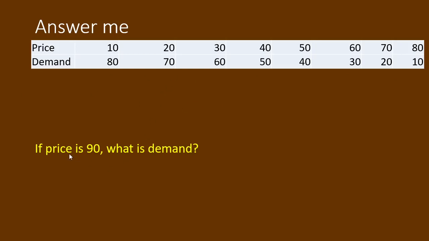Based on this, if the price is rupees 90, what will be the demand? Or if the demand is 65, which lies between 60 and 50, what will be the price?